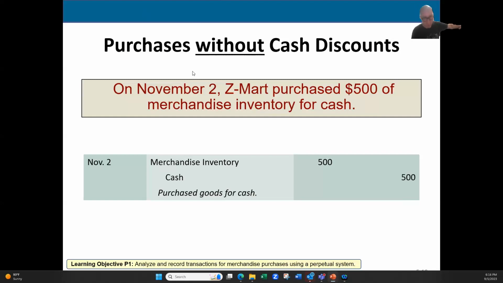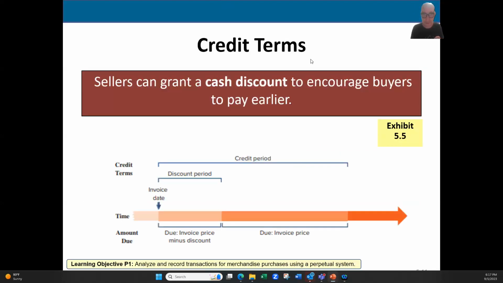So November 2nd, we purchased some inventory from our vendor, our distributor, using cash. So I debit merchandise inventory, $500. I credit cash, $500. My distributor brought me the products. I paid them cash. Simple transaction. So that's my inventory on the shelf, November 2nd.